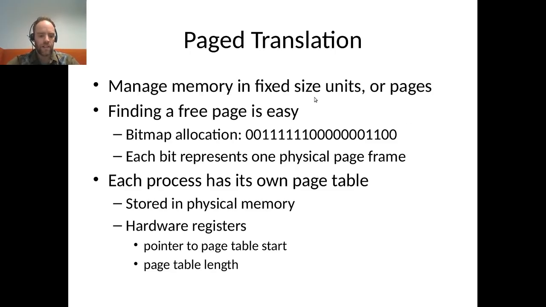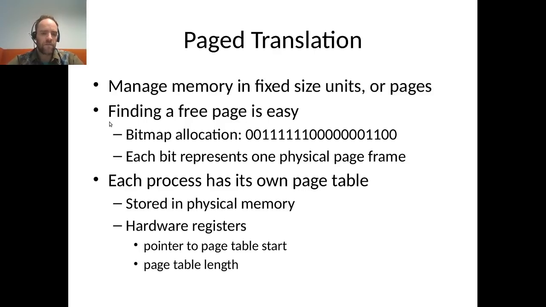If we divide these memory regions up into units of fixed size, then we essentially solve the problem of fragmentation, because we know that any page will fit into any free spot in memory, because all the spots will be the same size.